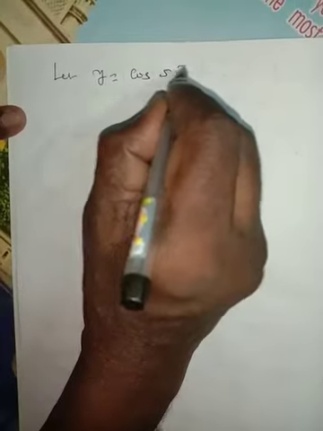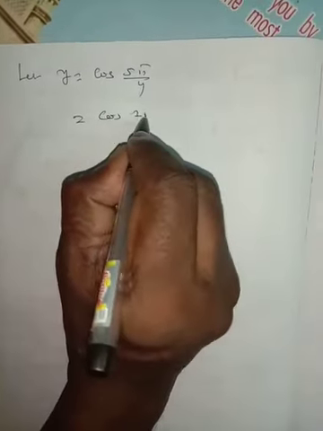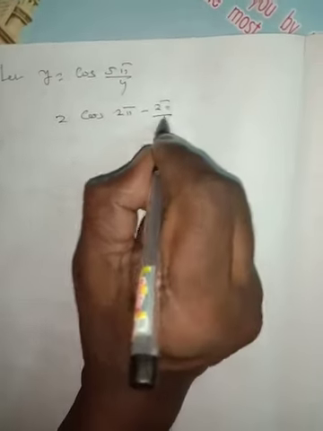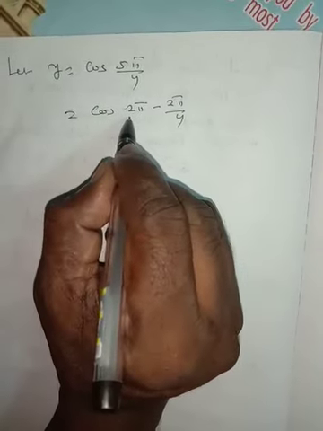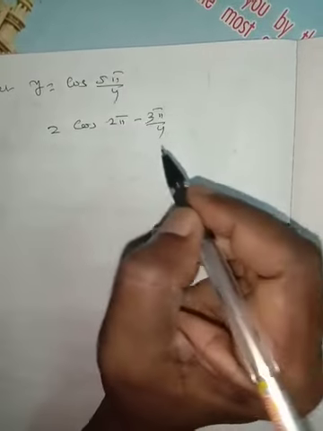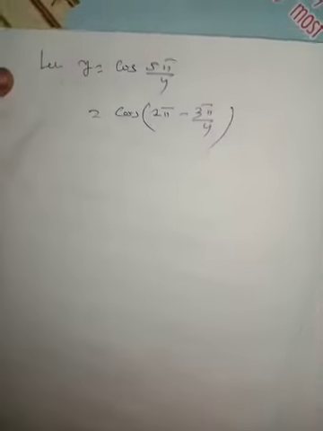Let y is equal to cos 5 pi by 4. This can be written as cos 2 pi minus 2 pi by 4. 4 3s are 8. 8 pi minus 3 pi is 5 pi. 5 pi divided by 4.